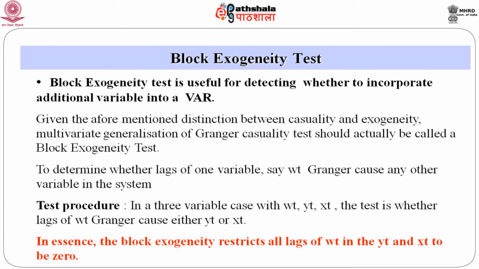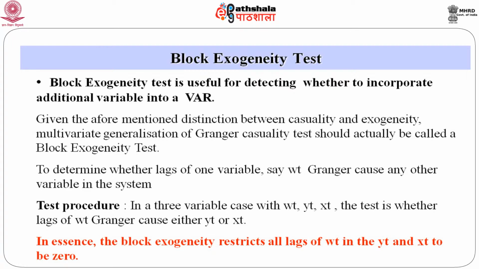Now, in this case, it will be helpful to explain the block exogeneity test. The block exogeneity test is very useful for detecting whether to incorporate an additional variable in the VAR model. So, if we want to incorporate an additional variable into the VAR model, we have to perform the block exogeneity test.